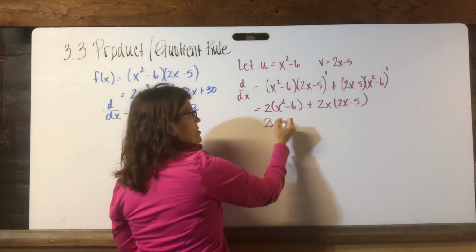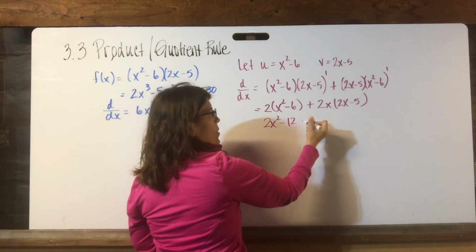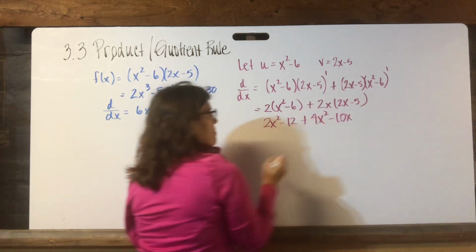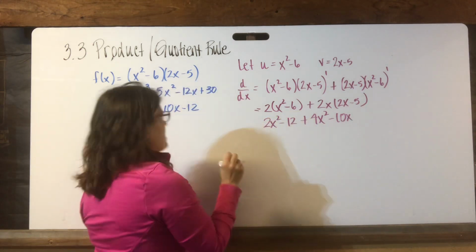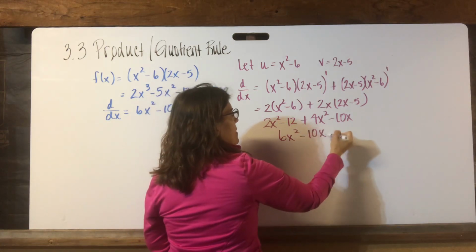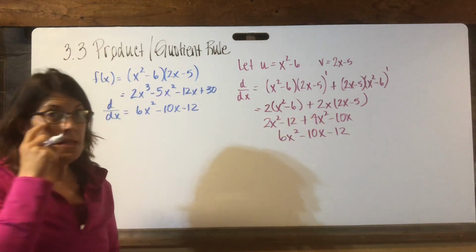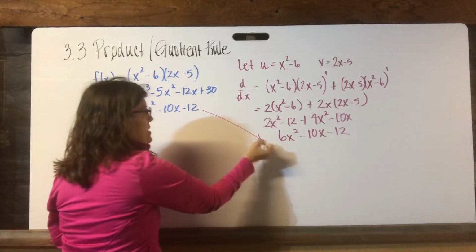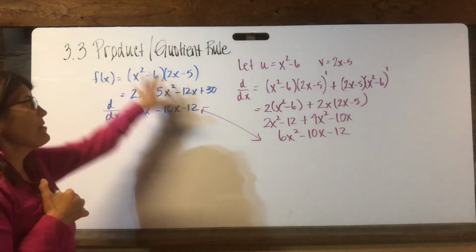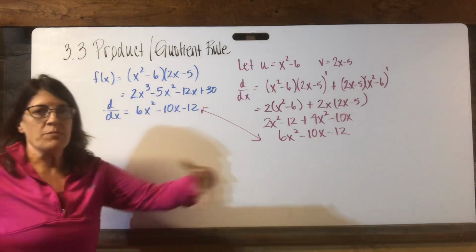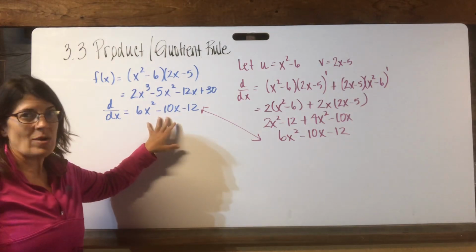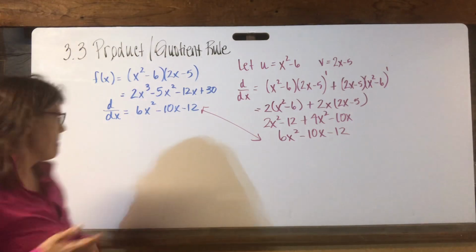So you have 2x squared minus 12 plus 4x squared, and that's going to give you 6x squared minus 10x minus 12. So these are indeed the same. Which way is better? Personally, I would do it this way, but sometimes the multiplication is way too long and finding the derivative using the straight power rule is not always your best bet.